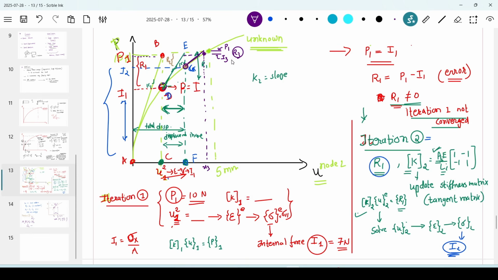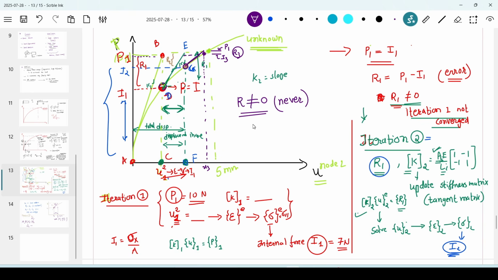If you continue with iteration 4, will you be able to say R4 equals 0? When you zoom in, there is always some error, so R is never 0 numerically, because there is always a small error.